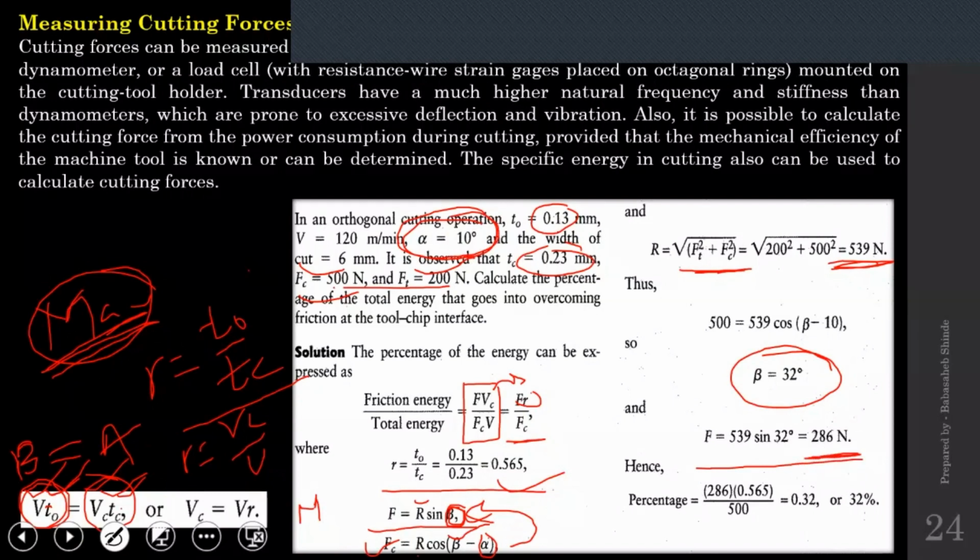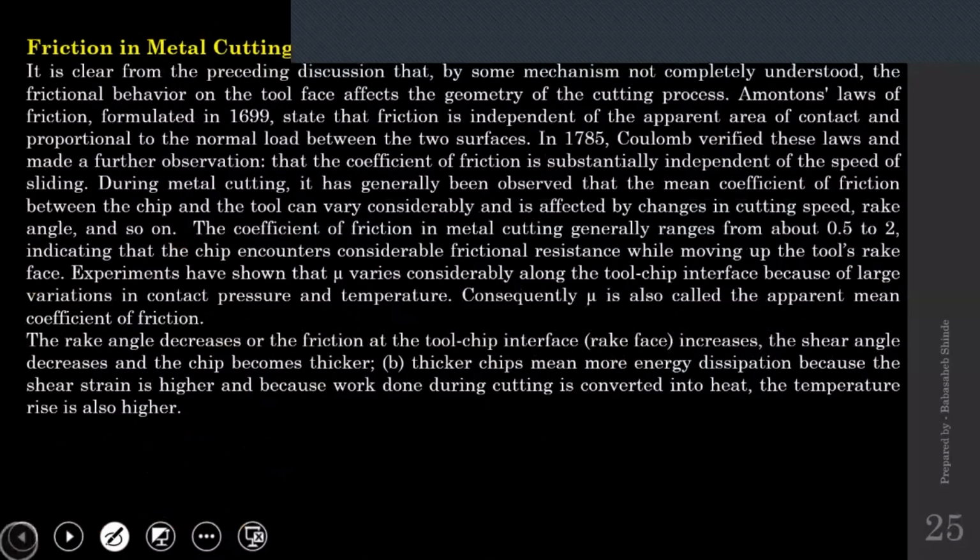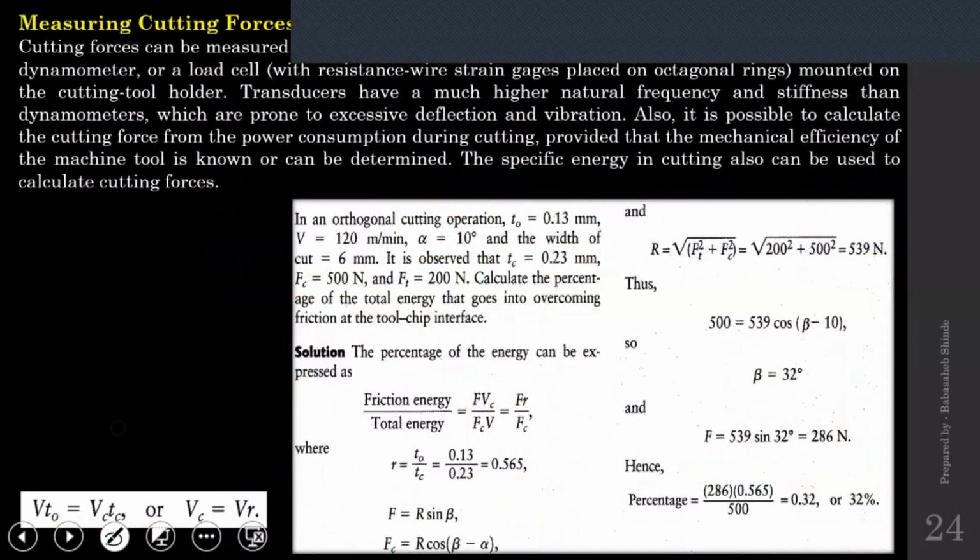So now, from this relation, you have got F. Fc is given as input, F you have calculated as 286 Newton, and r also you have calculated as 0.565. When you put all these things in this equation, you will get 0.32.